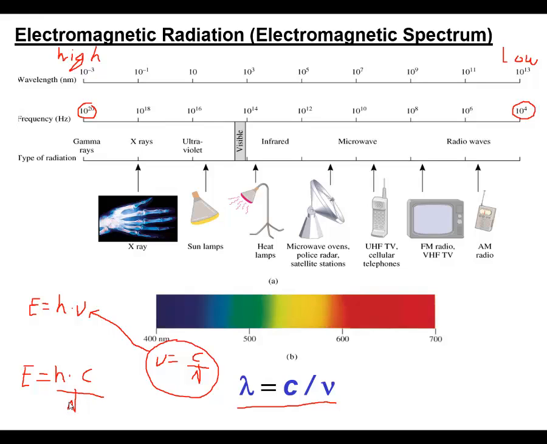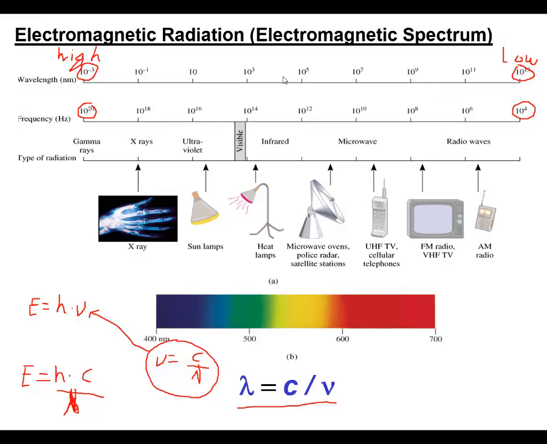Now, what I want you to notice that's important here with looking at these two equations, oops, that should be a lambda down there. Energy is directly proportional to frequency, but it's inversely proportional to wavelength. So that makes sense. At shorter wavelengths, I have higher energy. 10 to the negative third nanometers is the highest energy in gamma rays on this list. If I look at 10 to the 13th, so longer wavelengths, lower energy.